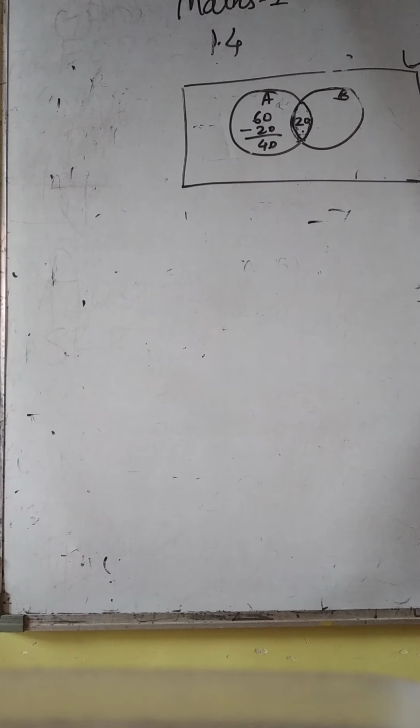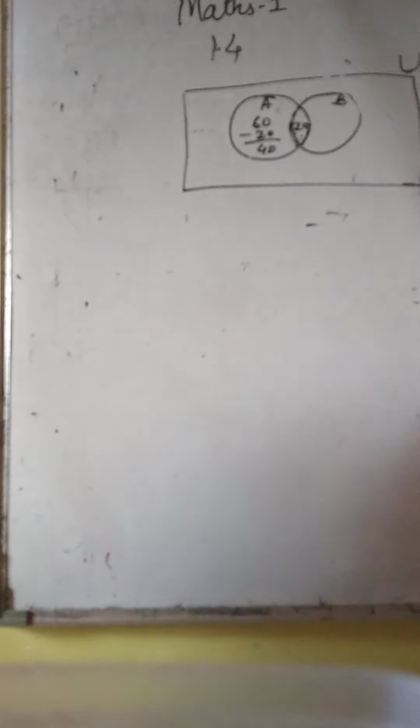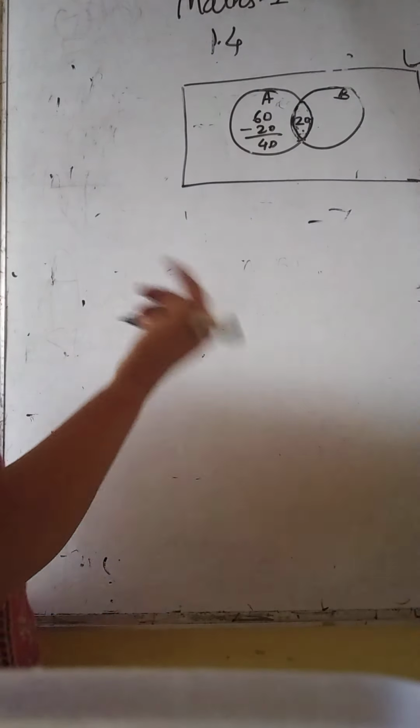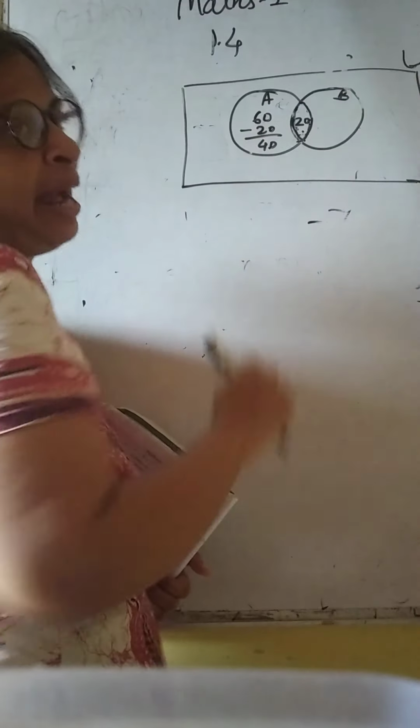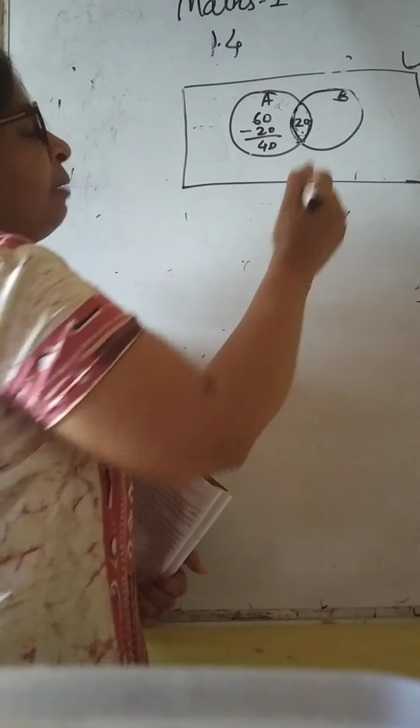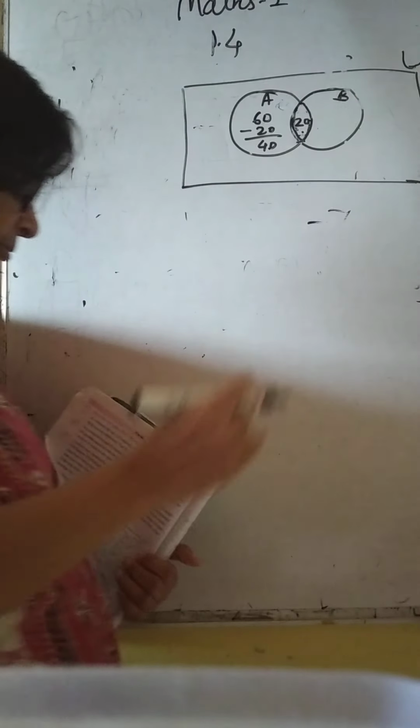Yes. Okay, Krish. Now we'll go ahead towards the ones who are drinking coffee. In total, how many are drinking coffee? Read and tell me. Out of 60, 20 have already sat here. So how many remaining? 40.